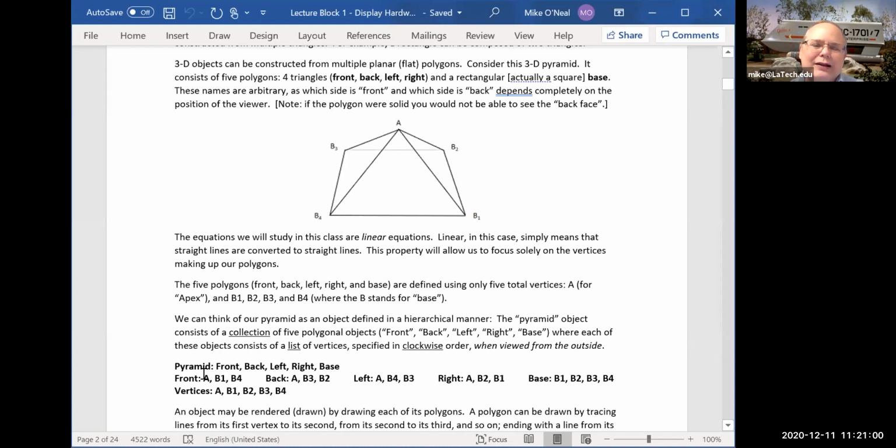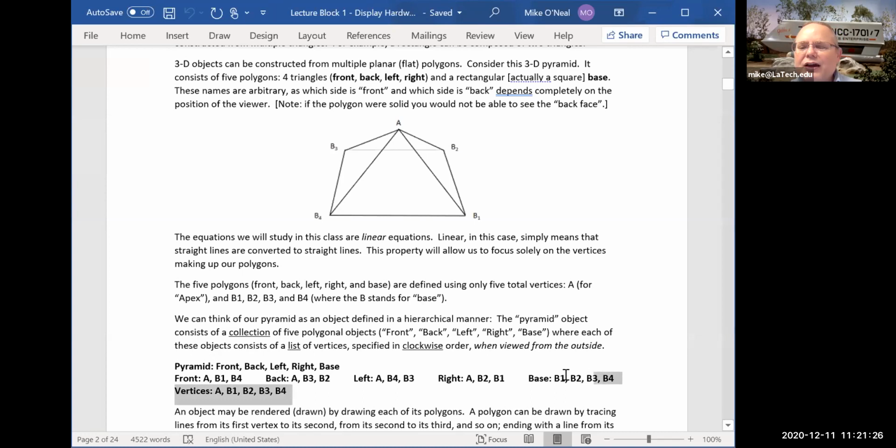Each polygon is a list of points where you draw a line from the first point to the second point, from the second to the third, from the third to the fourth, fifth, et cetera, all the way from the last point back to the first point. If you're doing triangles, there will always be 3 lines that you draw, from 1 to 2, from 2 to 3, and then from 3 back to 1.